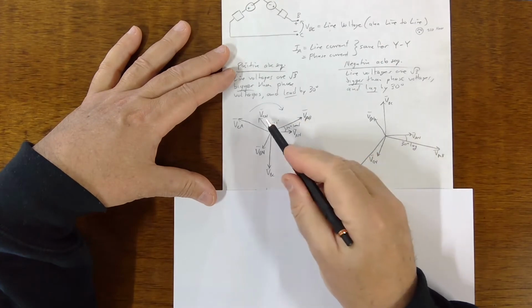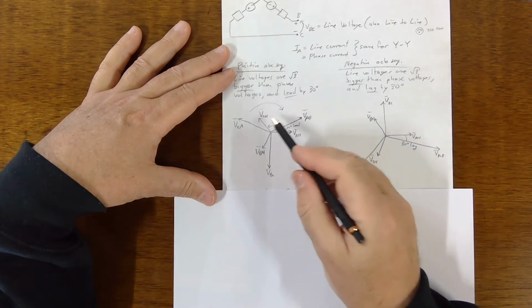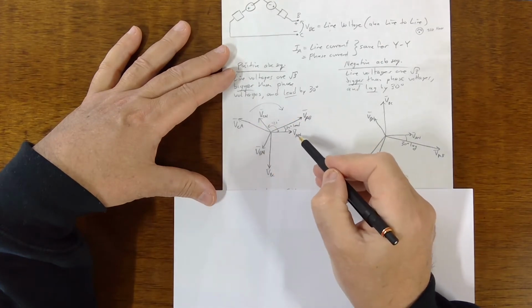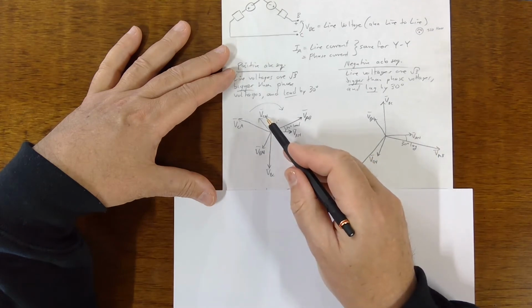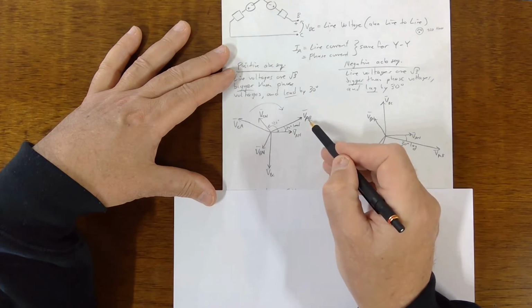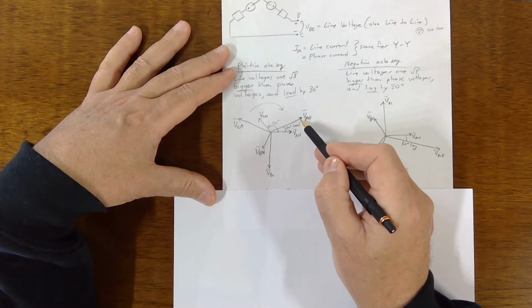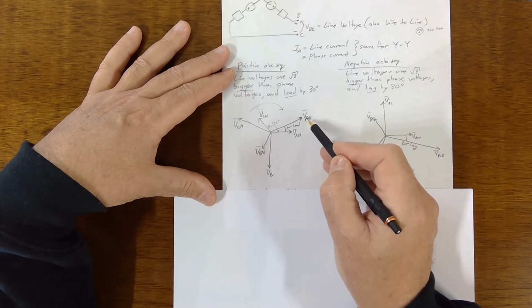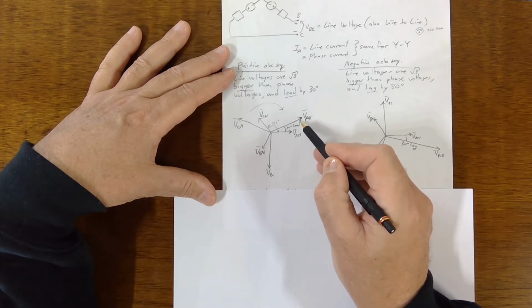If you looked at these as just sine waves in the time domain, you'd see that AN, BN, and CN have a certain magnitude, and they're 120 degrees apart. And then you'd see another sine wave, VAB, which would have a different peak value.